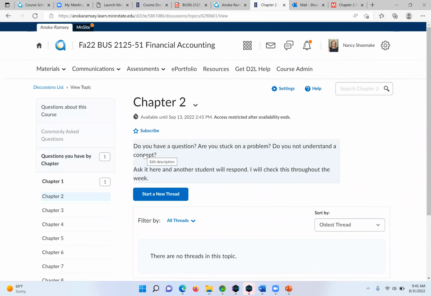The reason it's helpful is that you work together, you start questioning one another, you help one another out. I will get in here too. Post what you're having troubles with, do a screenshot of what you're working on and post it so other people can see what you're looking at.